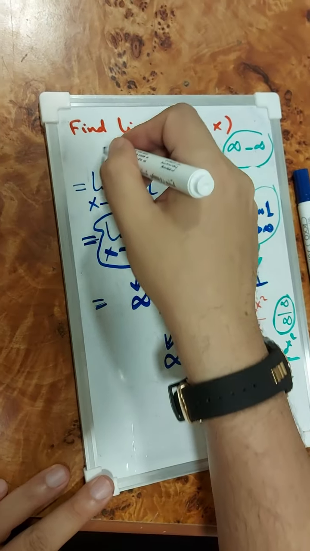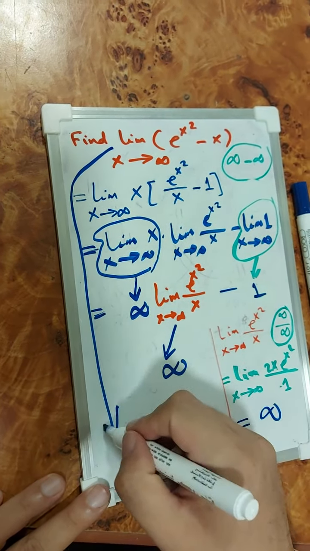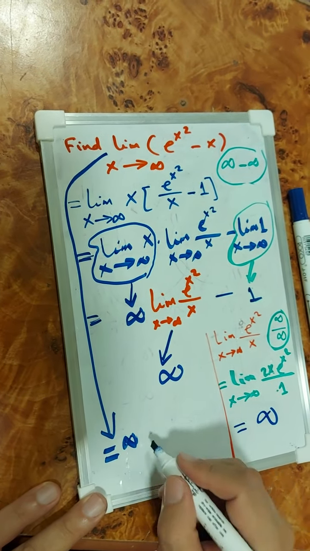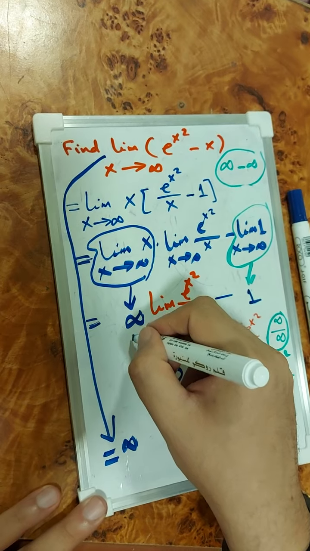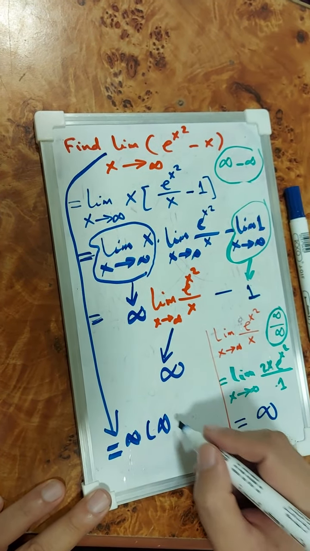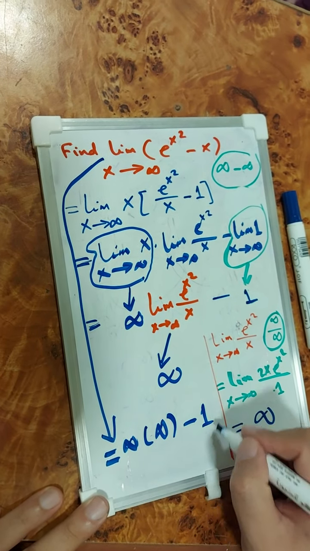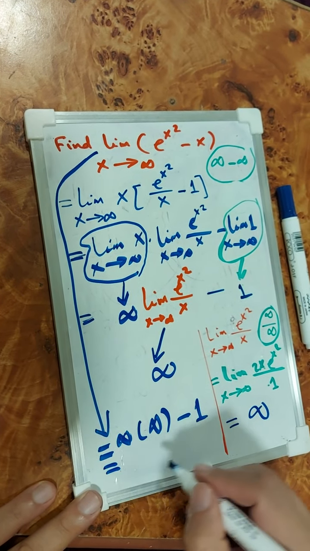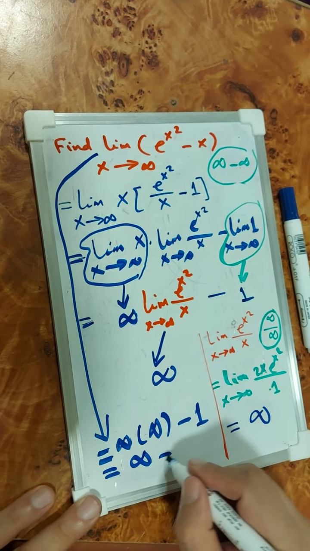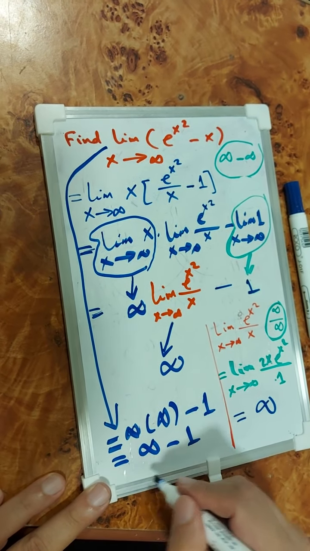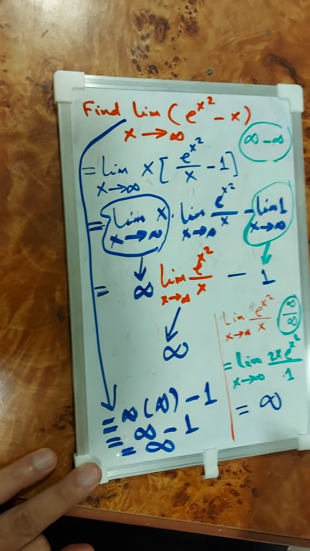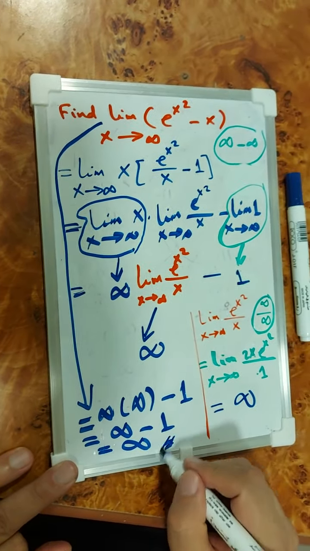This limit is reduced to infinity multiply infinity minus 1. We know that infinity multiply infinity equals infinity, minus this one. Infinity minus 1 is positive infinity. And this is the result.